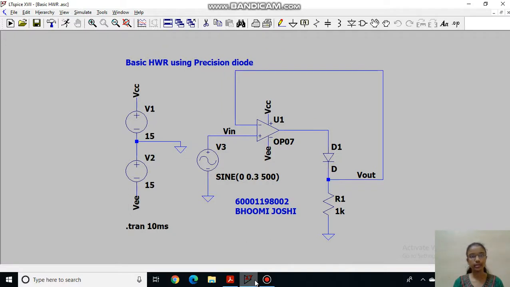So this is my circuit for basic half-wave rectifier. Here I am giving sine wave as 0.3 volt, frequency as 500 Hz and resistor as 1 kilo ohm. So now let us run this circuit.